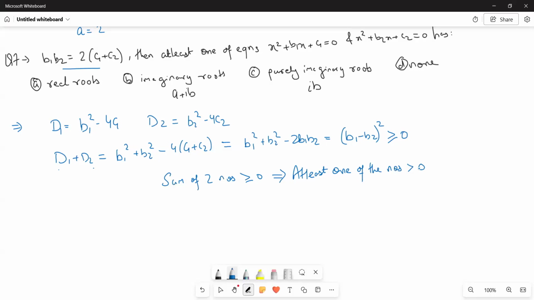Yes, sir. Meaning greater than or equal to 0, it's possible that D1 and D2 both are 0. So at least one of the numbers has to be greater than or equal to 0, because if both are negative, the sum of two negative numbers cannot be positive. So either both the numbers are positive, or one number is negative and one is positive, with the positive value being the larger value, thereby the net result being positive.